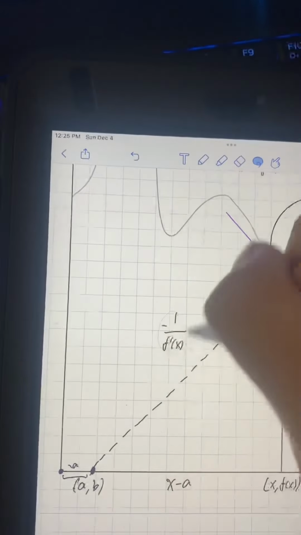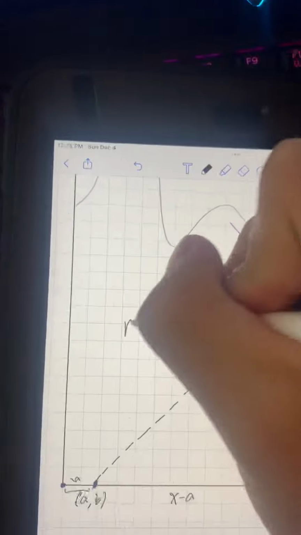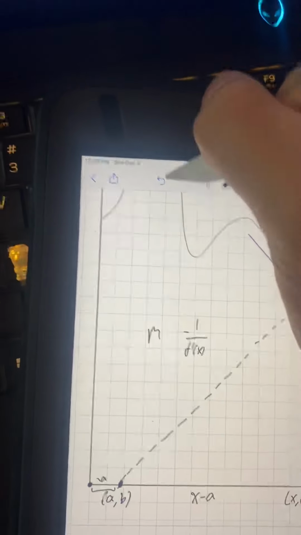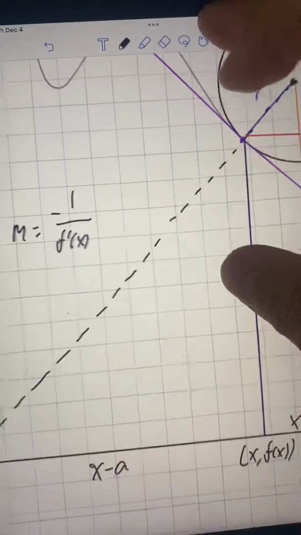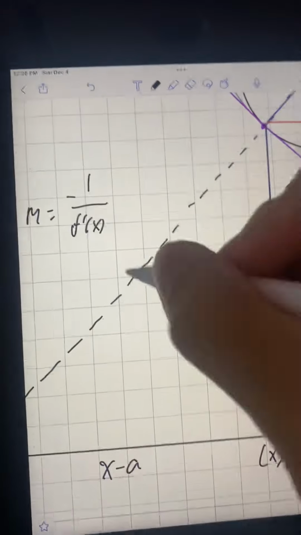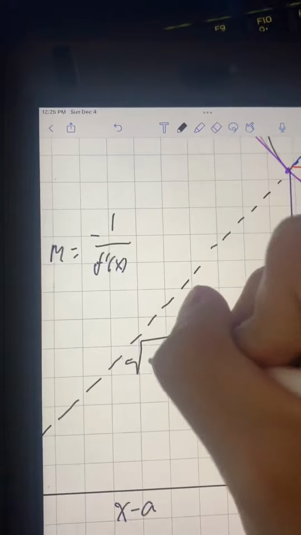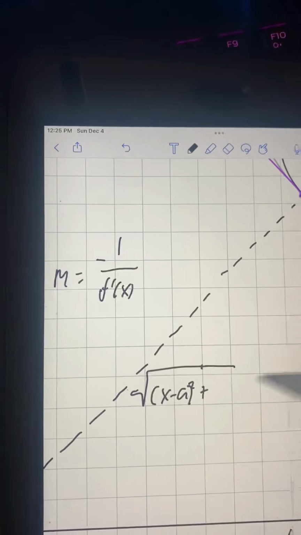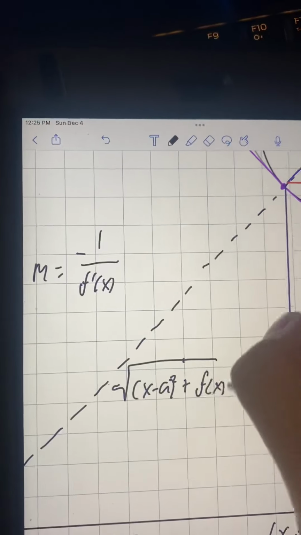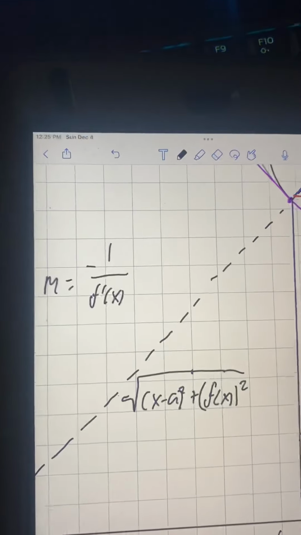So I can do Pythagorean theorem. I'm gonna just label this as my slope of m. So if I do Pythagorean theorem here, you'll notice that this distance of this hypotenuse is the square root of x minus a squared plus f of x squared, right?